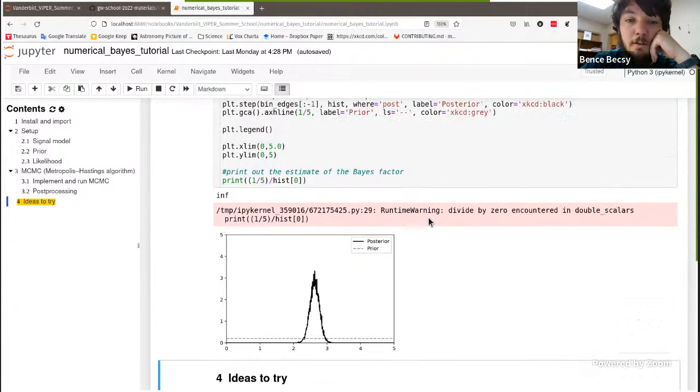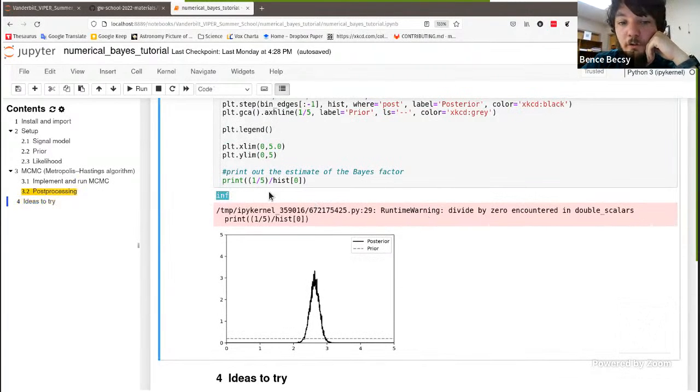When we calculate this estimate for the Bayes factor, it just gives us infinity because we are dividing by 0. So you might be able to play around with this and change the amplitude of the signal to something smaller and get a reasonable Bayes factor estimate here. But for these stronger signals, you definitely need to do something else to get the Bayes factor.